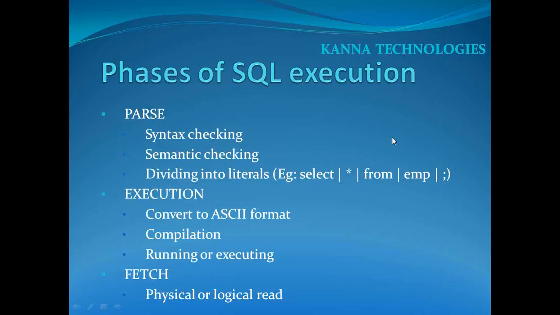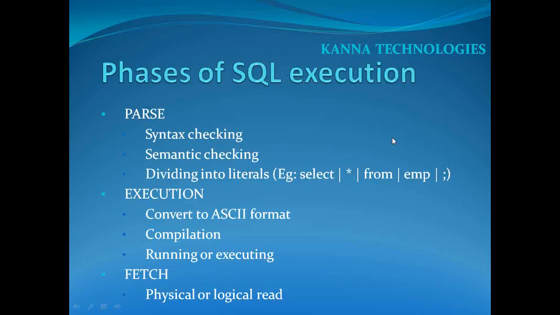And then we have the execution phase, and in execution the first subphase is converting the statement into ASCII format. I hope you people know what ASCII means. The abbreviation stands for American Standard Code for Information Interchange. So if you want to interchange information from numbers to characters or characters to numbers, this ASCII code is going to help you.